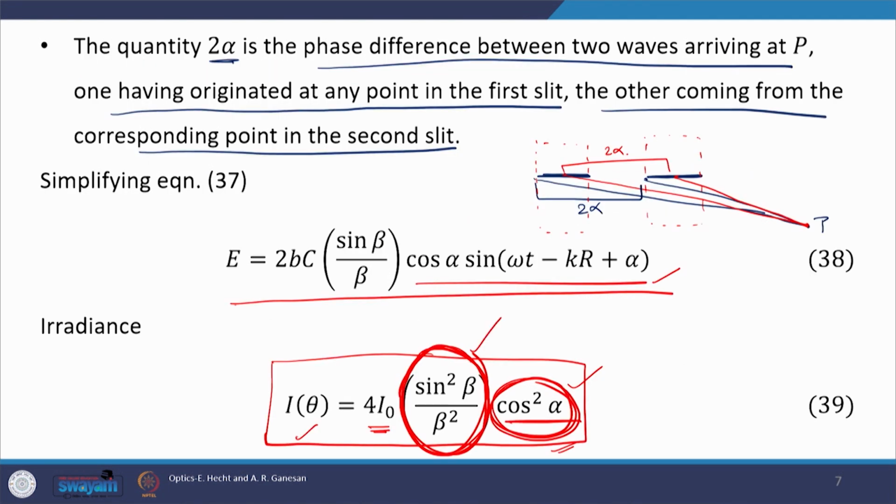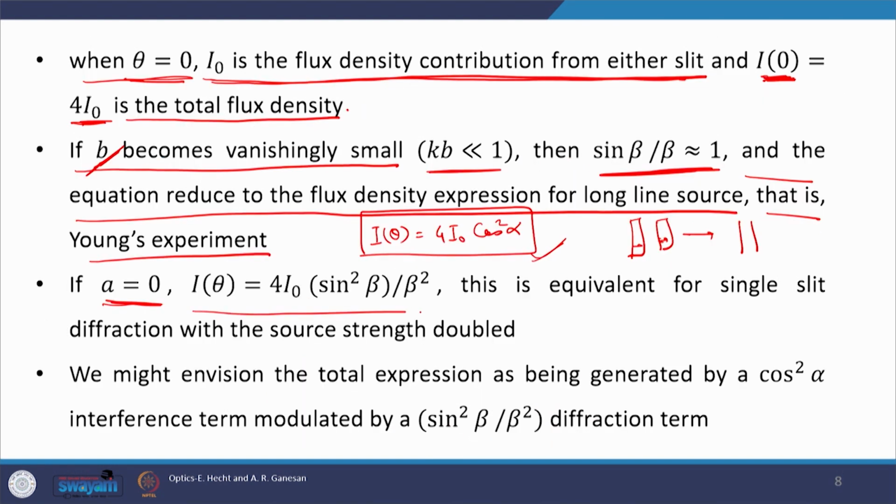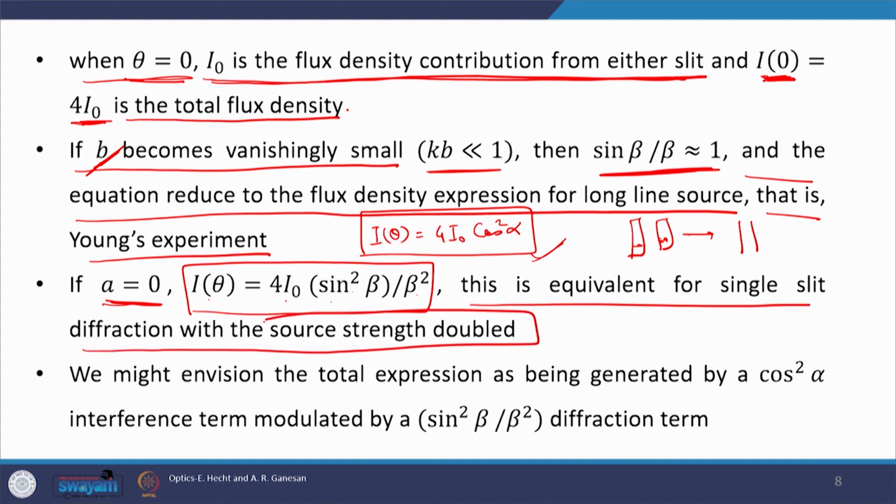If you substitute A is equal to 0, then alpha would be equal to 0, and therefore the cos square alpha term will give you 1, and what we are left with is I theta is equal to 4 I naught sin square beta by beta square, which is equivalent to single slit diffraction with source strength doubled. The source strength here is doubled because two slits are being merged.